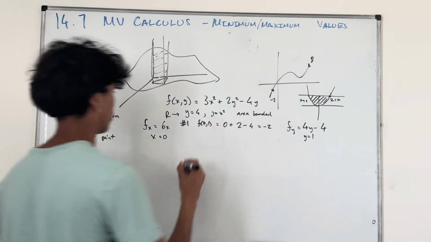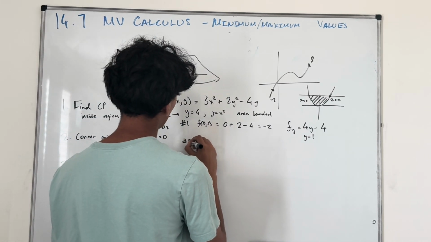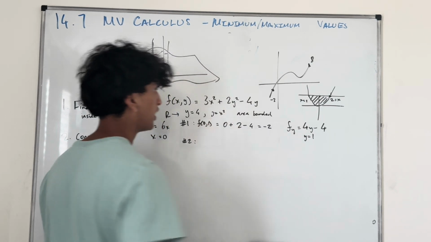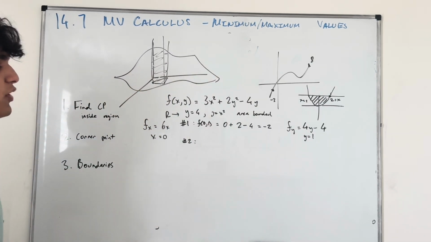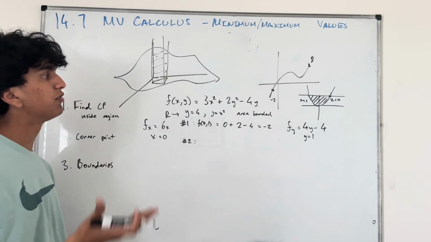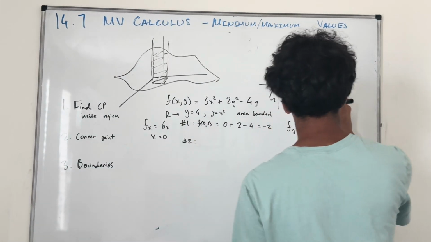So for the second step, we're going to check corner points. There's really 2 corner points, but if you'd like, you can also throw in (0, 0).